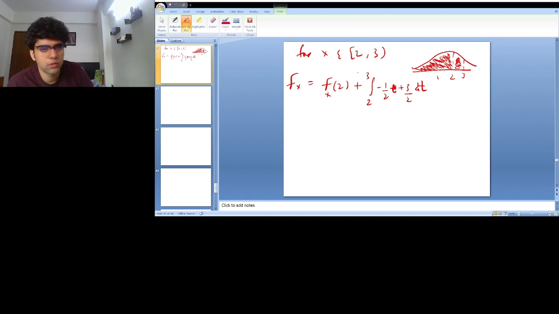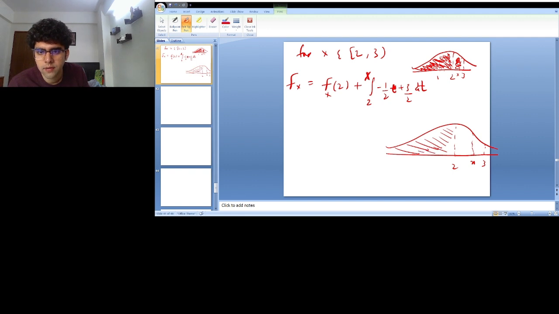And this upper limit is x, not 3. For example, if my 3 is somewhere here, my 2 is here, my x lies between here. So for finding the CDF of x, I'll be adding this expression, that is F of 2, with the integral from 2 to x.